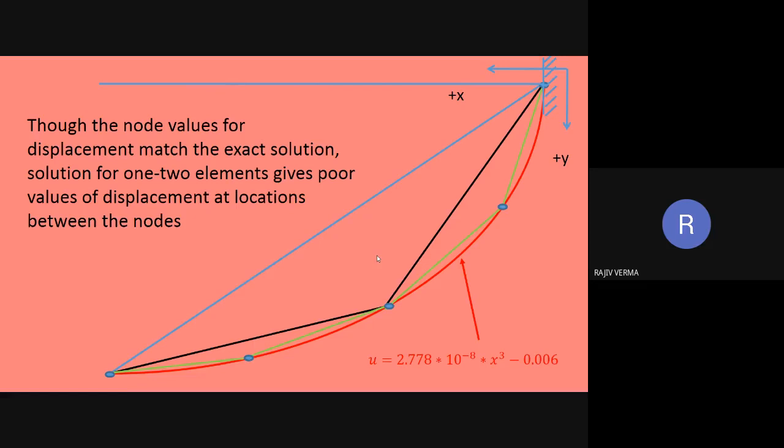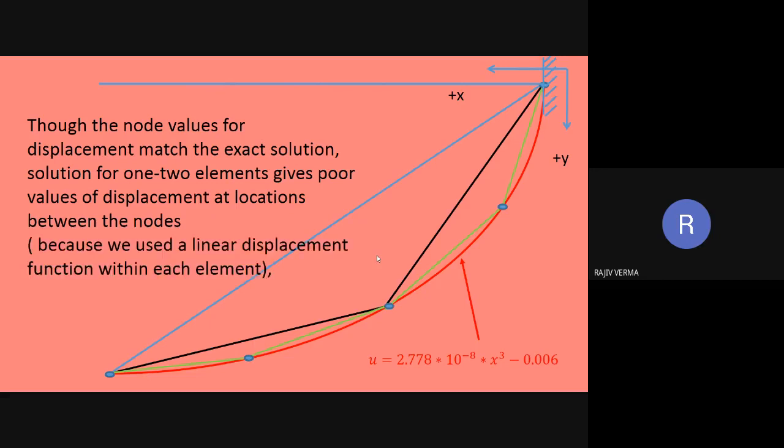That is, the maximum error is located at the center of the element, between the nodes, because we are using a linear displacement function within each element, whereas the exact solution is a cubic function.